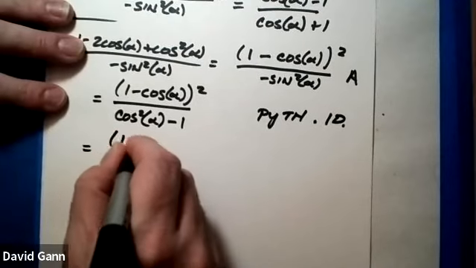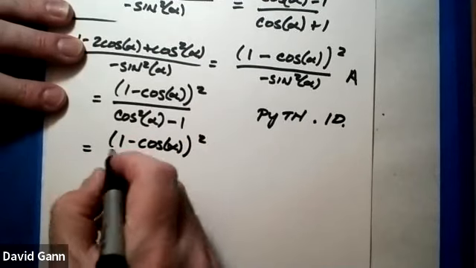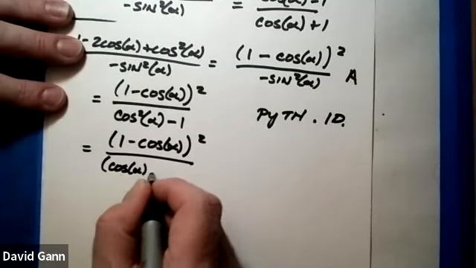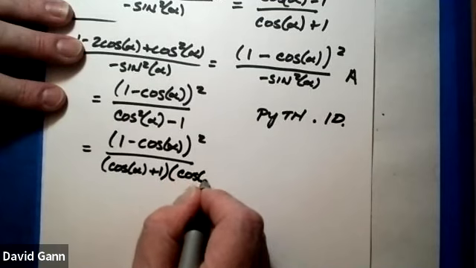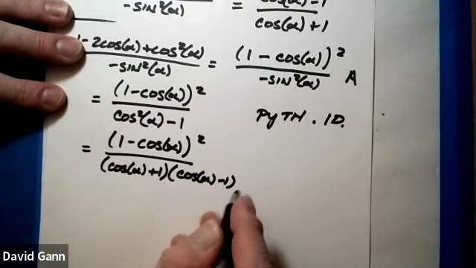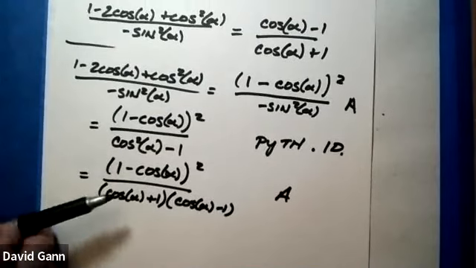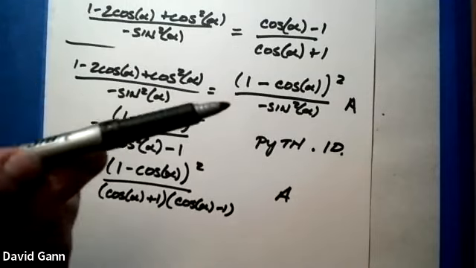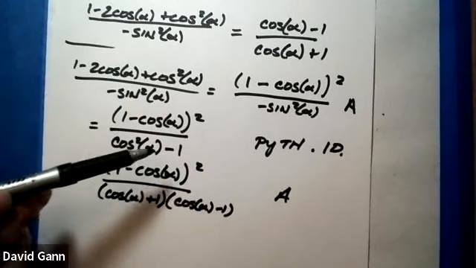So we end up with 1 minus cosine of alpha quantity squared up top, and in the denominator we have cosine of alpha plus 1 times cosine of alpha minus 1. And this is just algebraic factoring, right? So this is starting to look an awful lot like the target, right? We've already got the denominator of the target sitting there. So hopefully there's some kind of cancellation that occurs here.